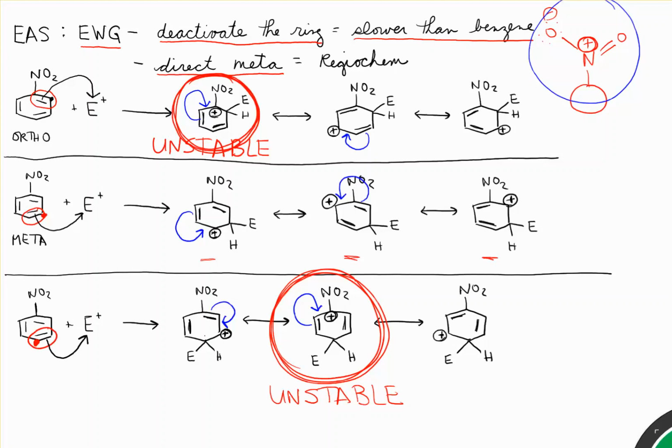Like charges repel. Therefore, that resonance structure is particularly unstable. Because the substituent in the meta position does not have an unstable resonance structure, the meta position is preferred for electron withdrawing group substituents.